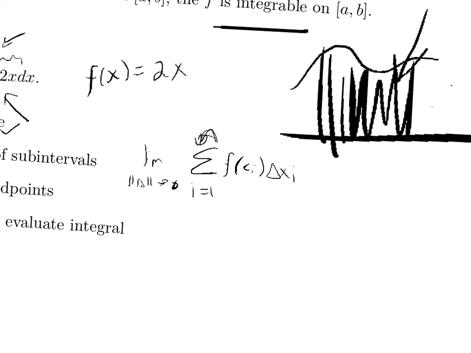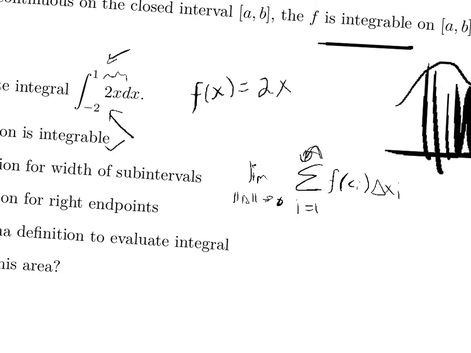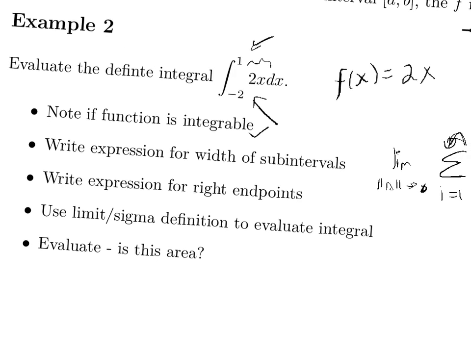Now, we've just made things really complicated. Mathematicians made it complicated so that it would be general enough to cover all situations. For our situation, we can make this simple.